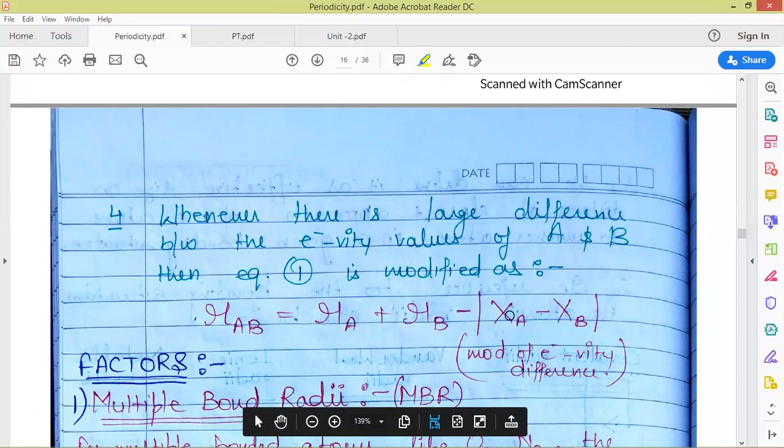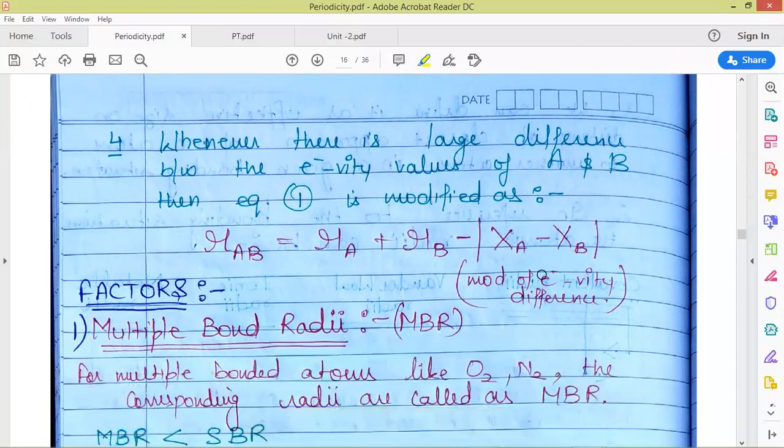Here we are concerned only about the difference, not the sign, not whether the electronegativity of A is bigger or B is bigger. Anything can be there: A can be more electronegative or B can be more electronegative.